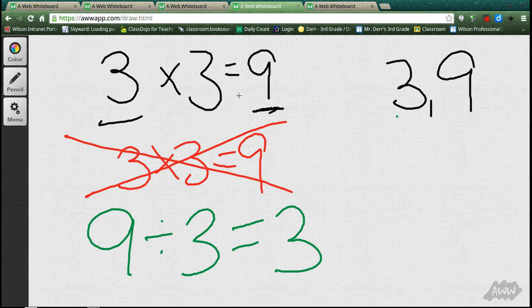My factors are the same, my product would be the same for the multiplication. So for this problem, when you only have 2 different numbers to make a fact family for multiplication and division, you will only have 2 different problems because they are using the same number twice for the factors. And in division, the divisor and the quotient would be the same.